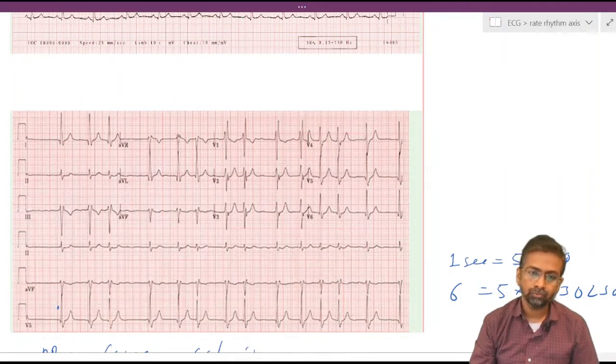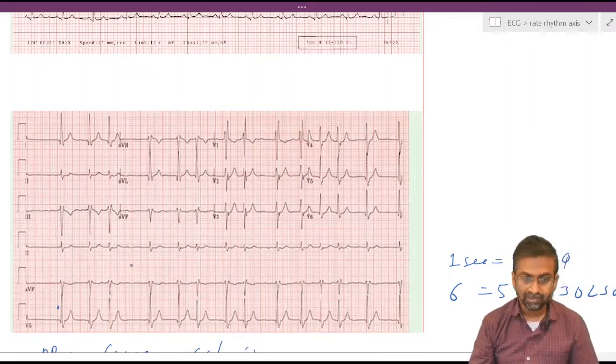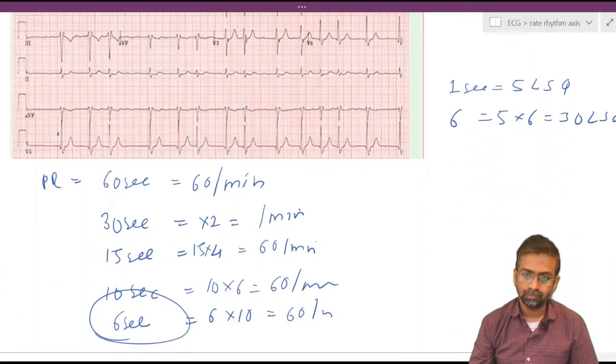We do not want this kind of strip. We want one single long lead. For example, this is long lead 2, this is long lead AVF, this is long lead V6. Any of these long leads you can take when you want to calculate the heart rate in a patient with an irregular heart rate.